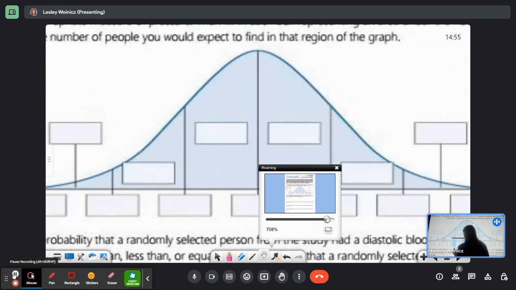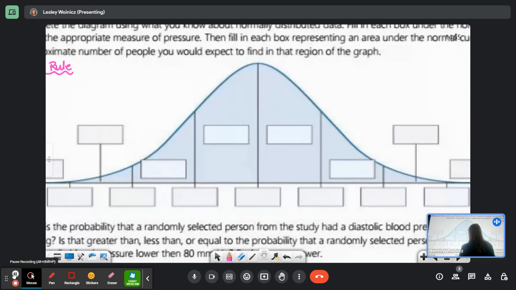So what do you think goes in this very, very middle box? Median, like 68%. What value is going to go here? Oh, the mean. So this is your x bar, which in this case, what did it say it was? 80 millimeters of mercury.